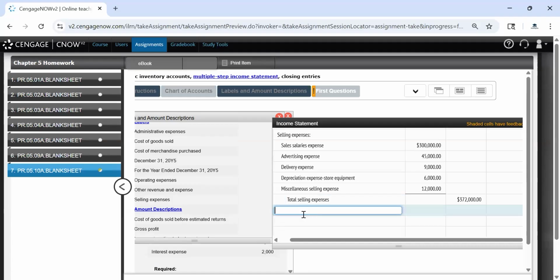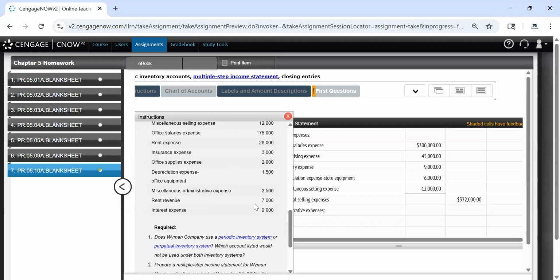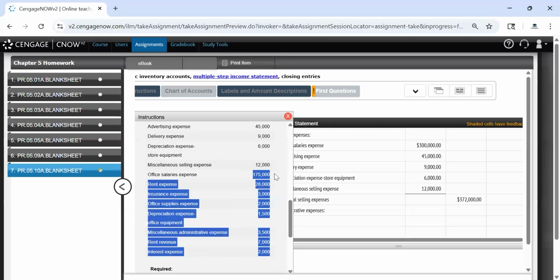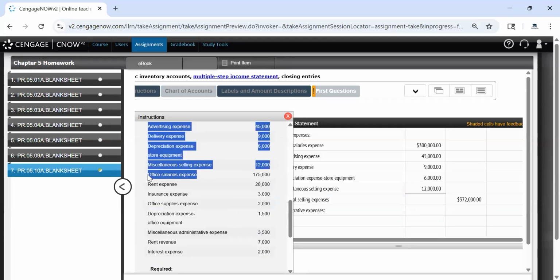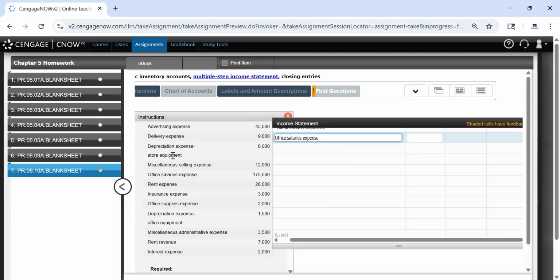Next comes our administrative expenses, starting with office salaries expense. This is our biggest administrative expense at $175,000.